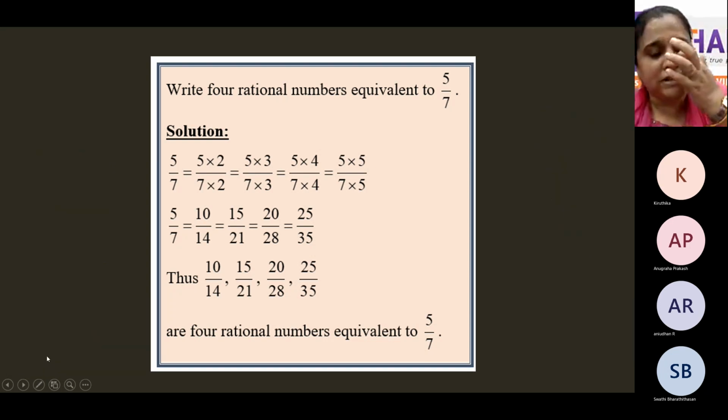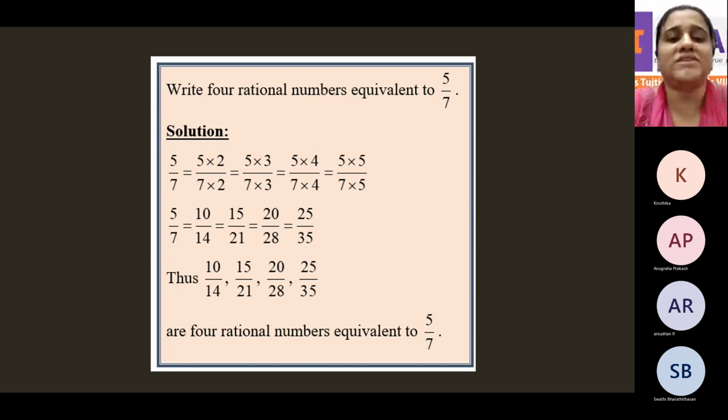When you have a rational number and perform the division, two things can happen. The division comes to an end with a zero remainder, or the division does not come to an end. The division goes on and on. Either you keep getting the same remainder, or two remainders repeating, or three remainders repeating themselves.